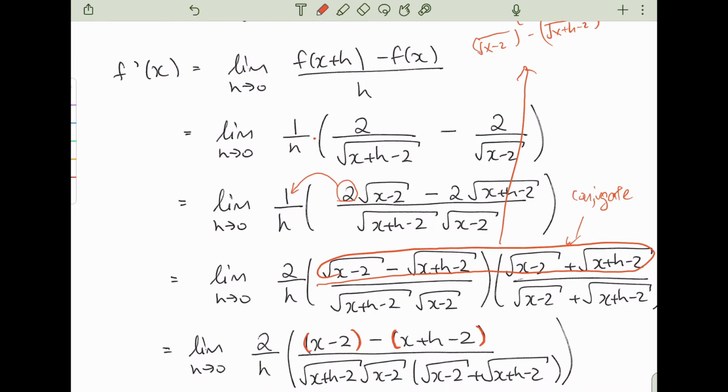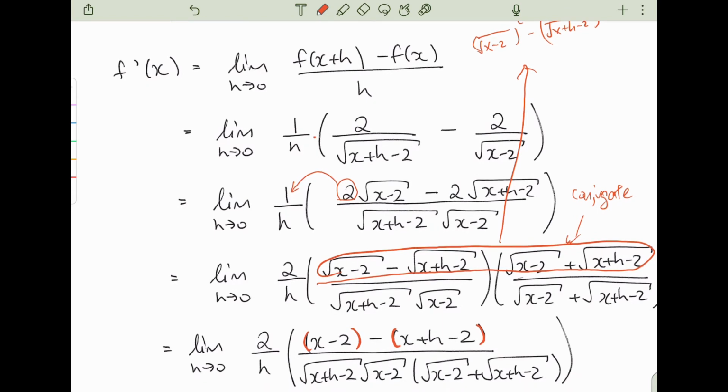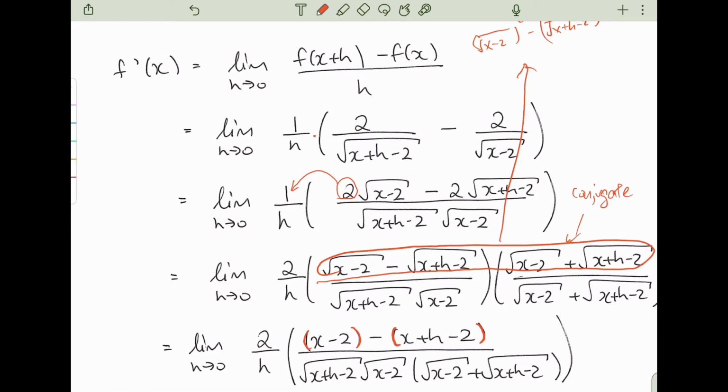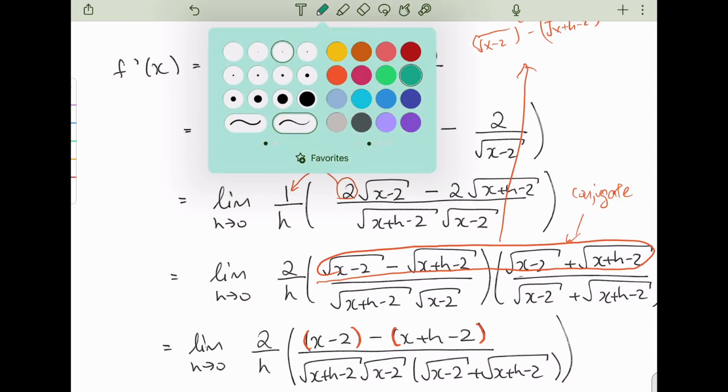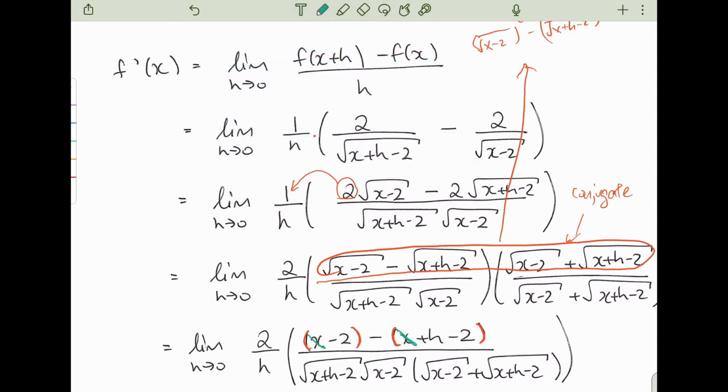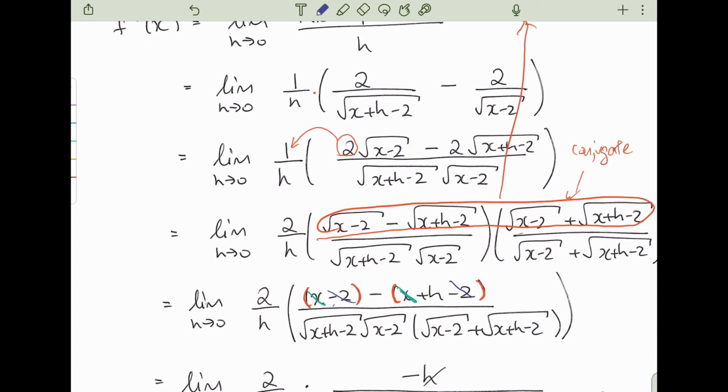and now the bottom, as before, we can just leave it here, not doing anything for now, until we cancel the zero factor. So we open the bracket on the top and see that this x cancels with this x, and this negative 2 cancels with that negative 2. So we are left with negative h on the top, right?